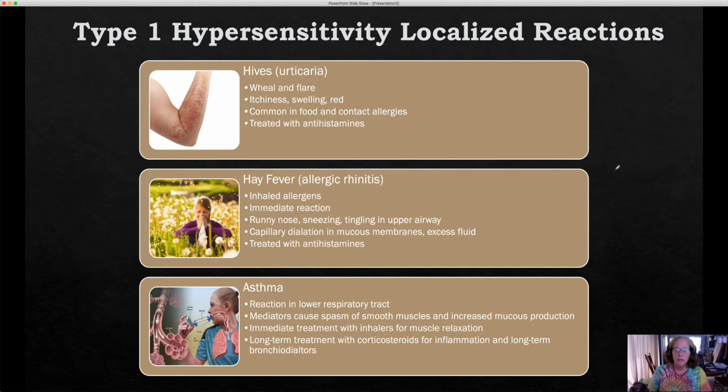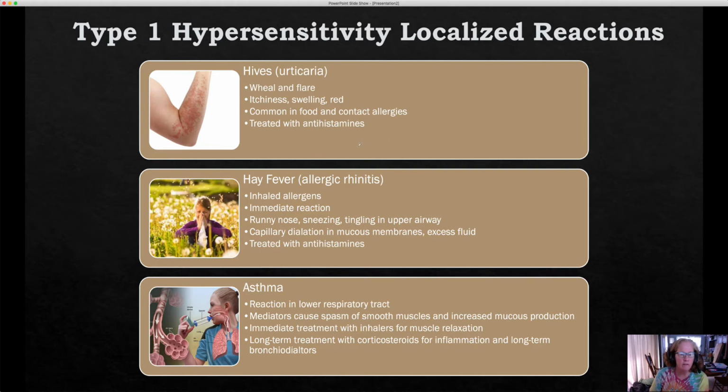Okay, so in type 1 hypersensitivity, here we have our localized reactions. So we have hives, hay fever, and asthma. These are not the only three, but these are three very common ones. Hives are also known as urticaria, and they are distinctive of what's called a wheal and flare. That's this kind of round, deep redness, and it's like a welt, and it kind of raises up.